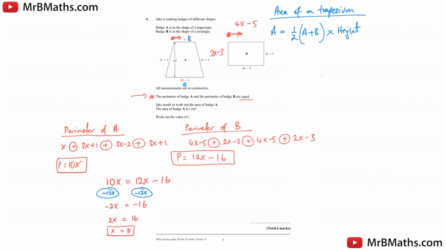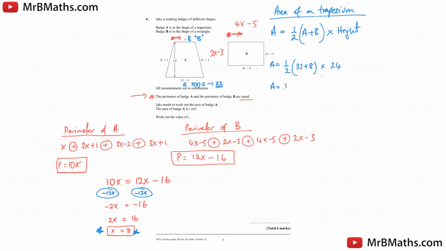Okay, so what we can do is substitute this 8 into the trapezium. At the top here, for B, this is just going to be 8, and the bottom here is going to be 3 times 8 take away 2, which will be 24 take away 2, which would be 22. So using this formula, I have A equals 1/2 (A plus B), so 22 plus 8 times the height, which is 24.